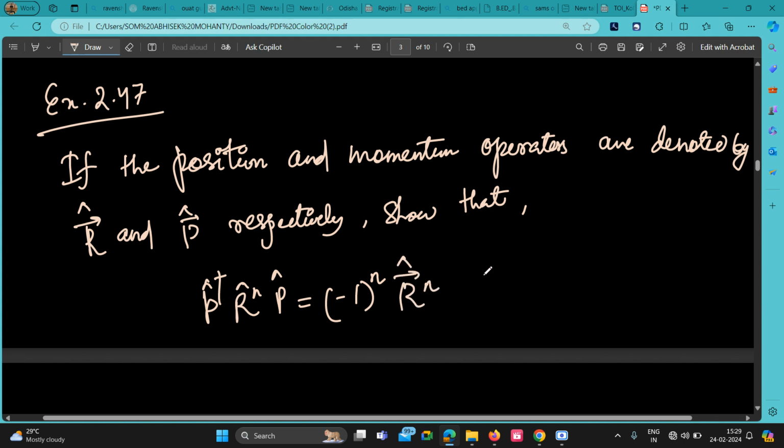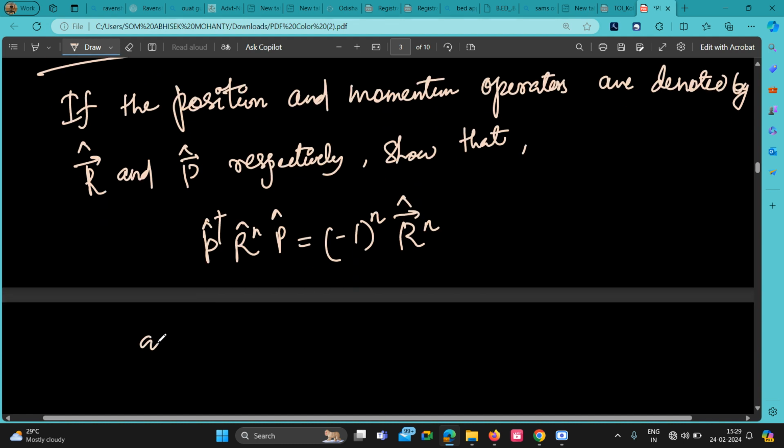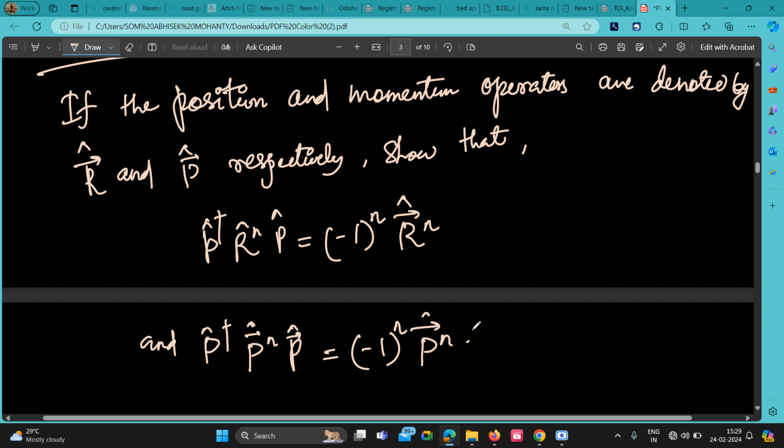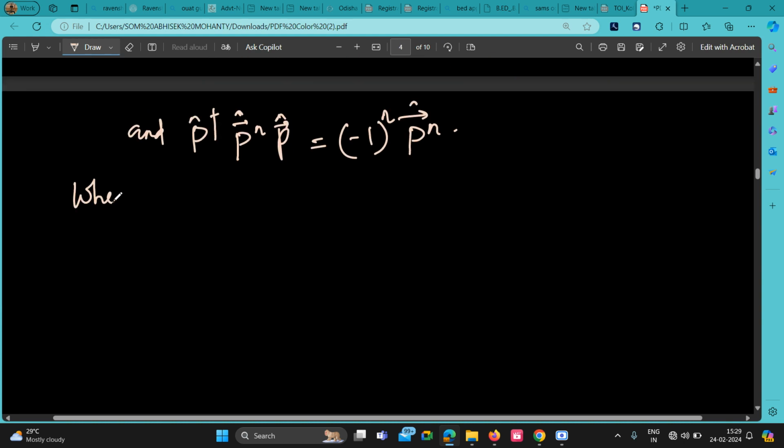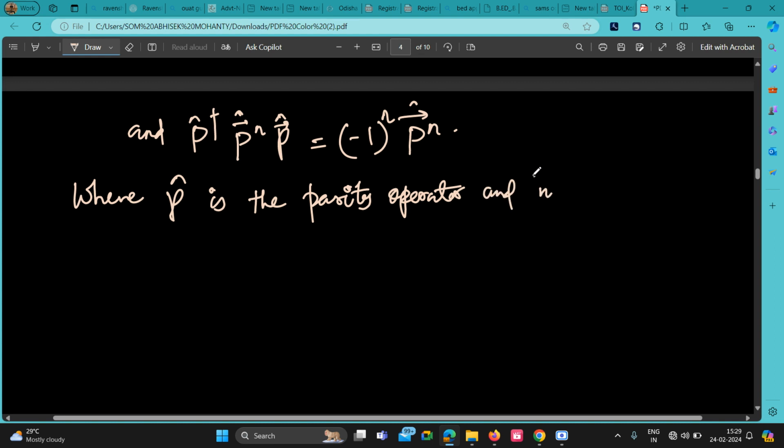Okay, and P dagger P to the power n P is equal to minus 1 to the power n P to the power n, where P is the parity operator and n is an integer.